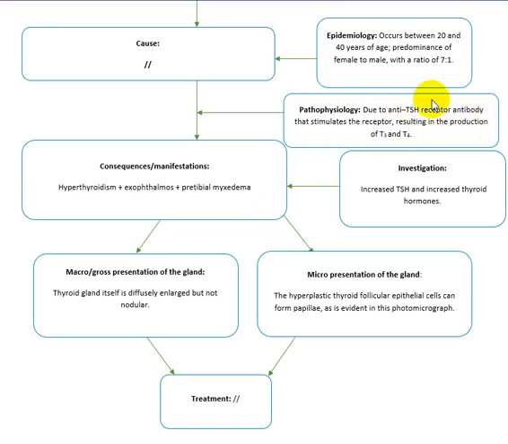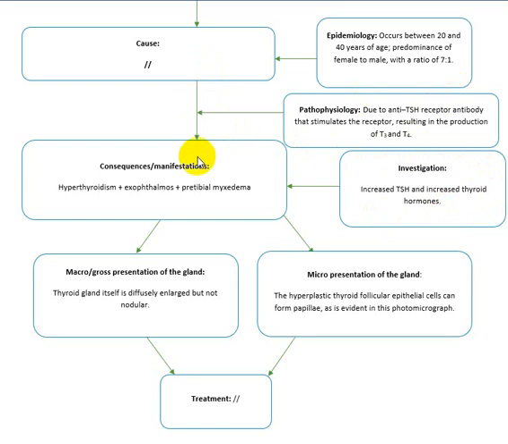These antibodies have the same conformation as thyroid stimulating hormone. So what's going to happen is that these antibodies are going to stimulate the receptor of thyroid stimulating hormone, and this leads to thyroid hormone secretion.